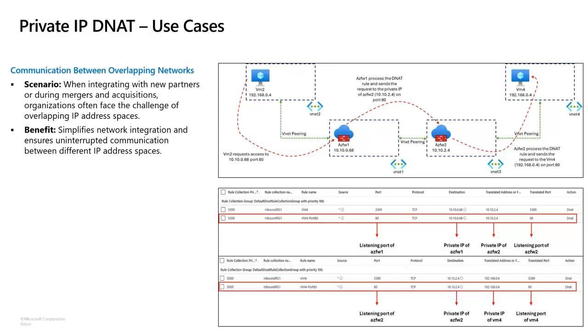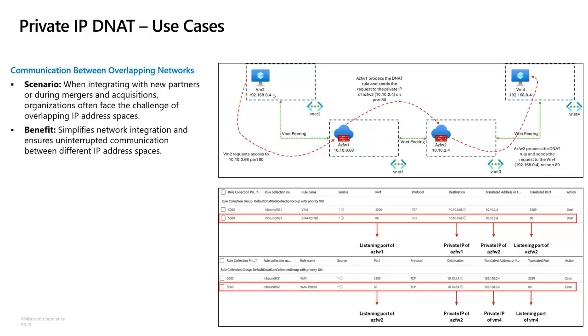This was the first use case scenario for which private IP DNAT support came into being. With this enhancement, we get the benefit of simplifying the network integration and ensuring uninterrupted communication between these different IP addresses.